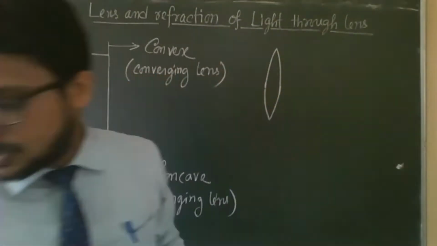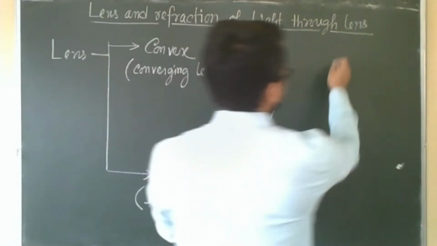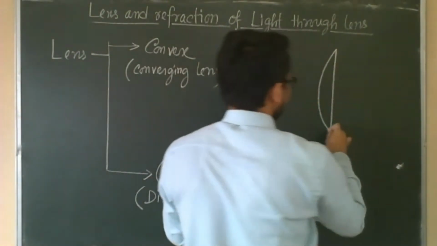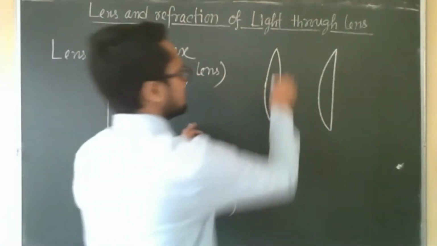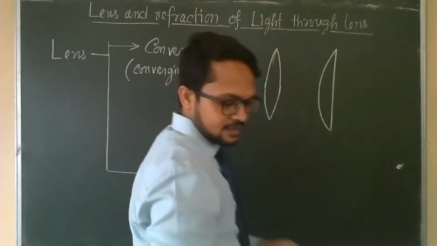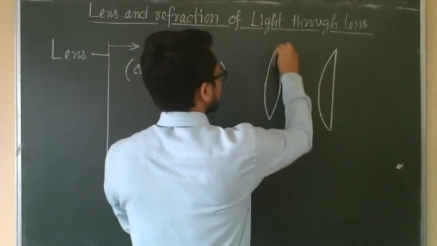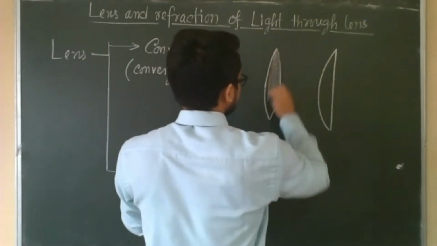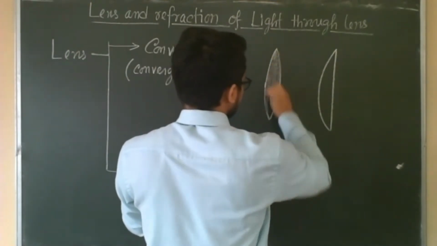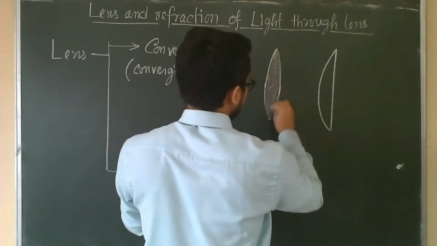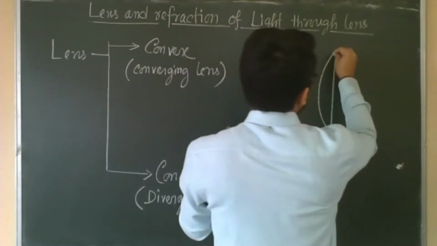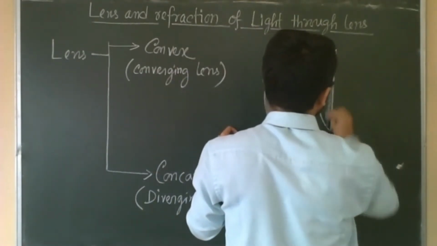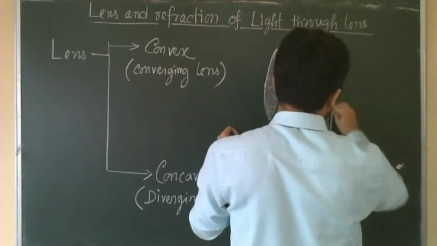Another is plano-convex, which means one surface is convex and the other surface is plane. This is a transparent and refractive medium.